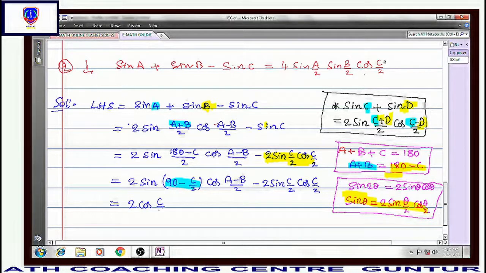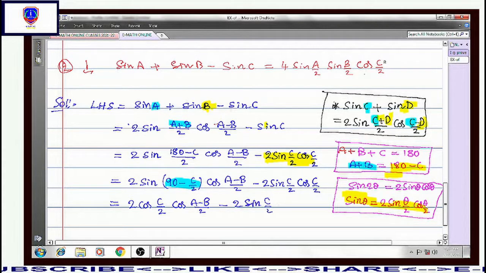Again, I am repeating what I said: 90 minus C by 2 belongs to the first quadrant, where all trigonometric functions are positive, and whenever 90 occurs, sin becomes cos, and the remaining terms are written as it is, minus 2 sin C by 2 and cos C by 2.